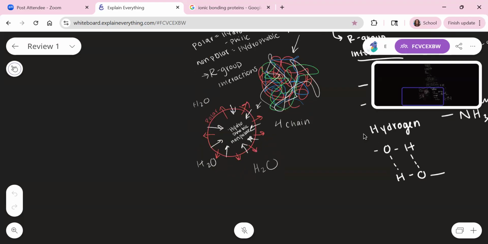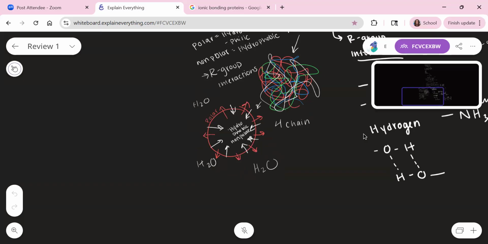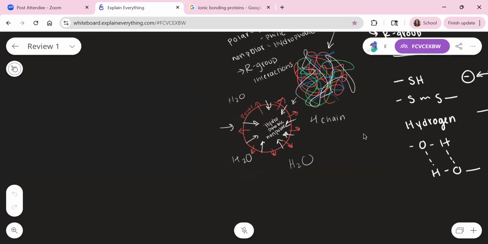And that's how these R groups and these tertiary structures are going to start to form. And within something like this, the chains will also have interactions between them.